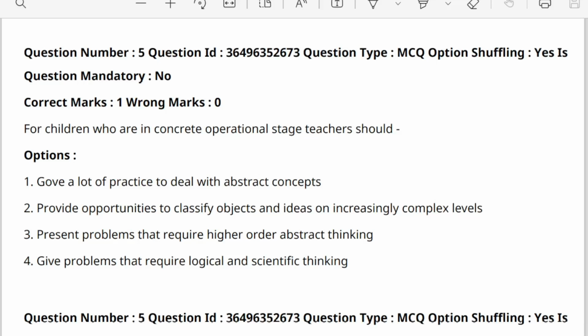So the first option, giving a lot of practice with abstract concepts, is incorrect. The third option, which requires higher order abstract thinking, will be incorrect, and giving them problems that require logical and scientific thinking is a little less for their stage because they can already do this. Therefore, option number 2, provide opportunities to classify objects and ideas on increasingly complex levels, is the correct answer.